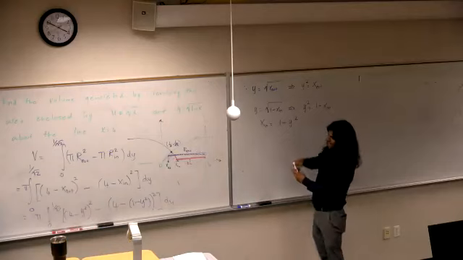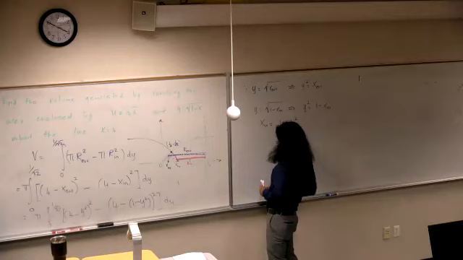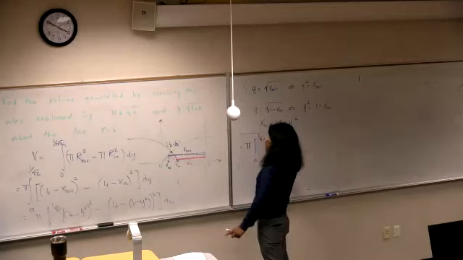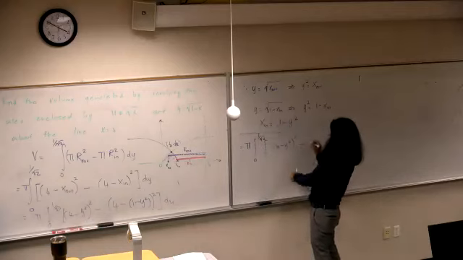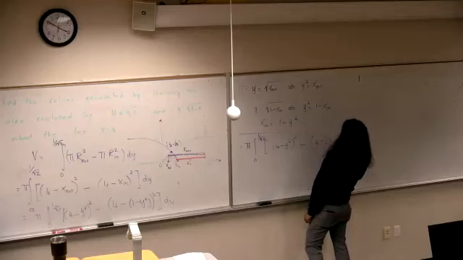I will rewrite that integral over here. Pi integral 0 to 1 over square root of 2, 4 minus y squared, squared, minus 4 minus 1 minus y squared, squared dy.